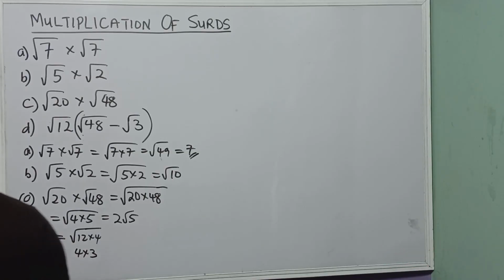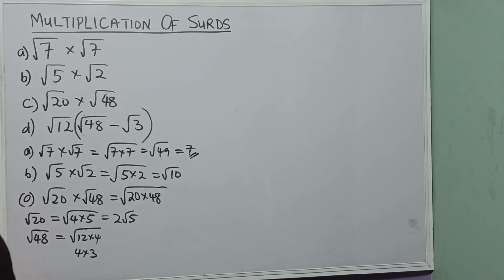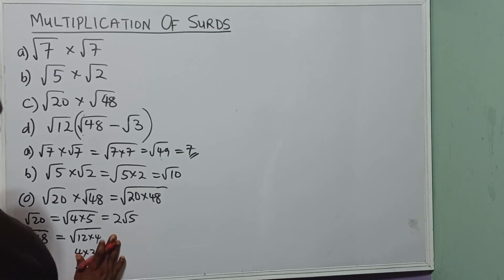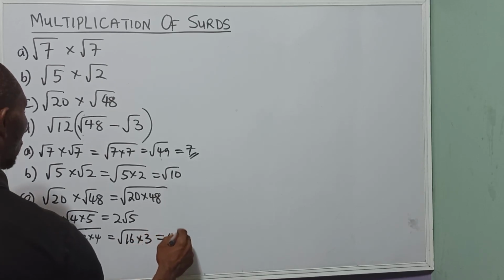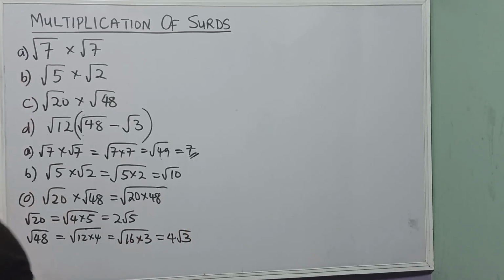Okay, so we can still break down 12 as 4 times 3, so we can have it as root 16 times 3, which gives us 4 root 3.